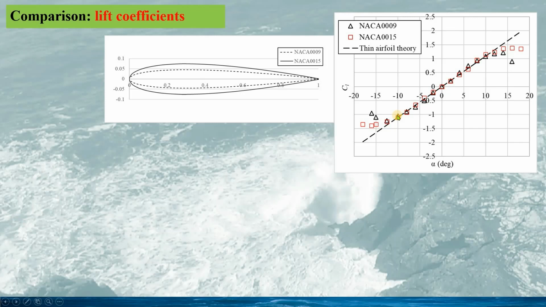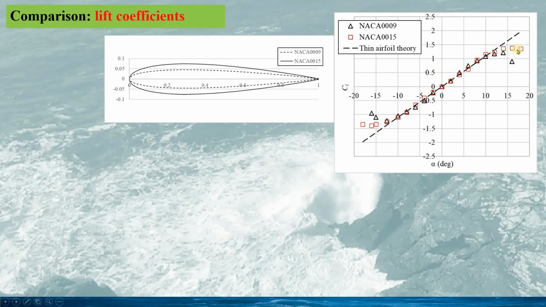So the prediction uses the thin airfoil theory and the experimental data for these two airfoils. We can see in the small angles of attack, say less than 10 degrees, both airfoils have a lift coefficient very close to the theoretical lift coefficient.